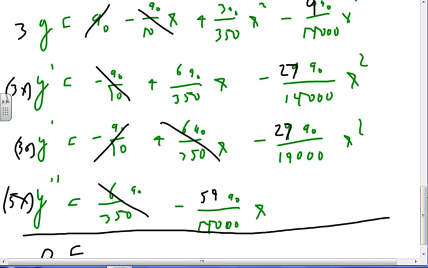Boom. 0. Yay, calculator. That term goes away. And our problem now checks. Now we can go away.